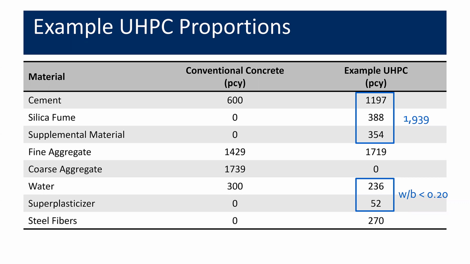So just to compare the numbers a little bit, the conventional concrete has 600 pounds of cementitious material. That UHPC mixture, by comparison, has over 1,900 pounds of cementitious material. And then that water to cement ratio, or water to binder ratio, that I'm showing: because there's so much cementitious material in this mixture, our water to binder ratio is going to be less than 0.2.